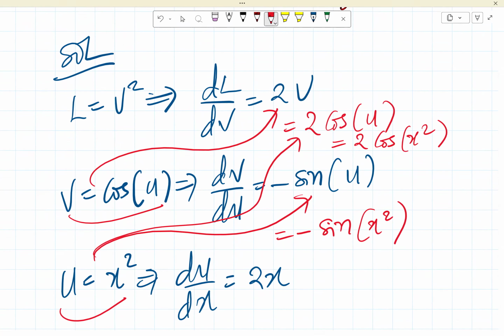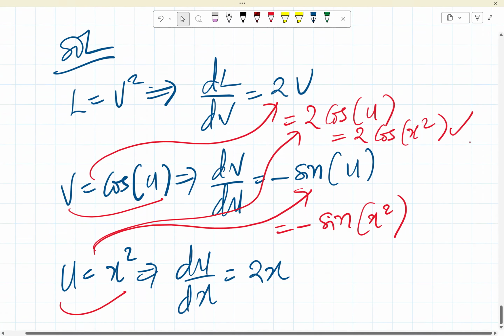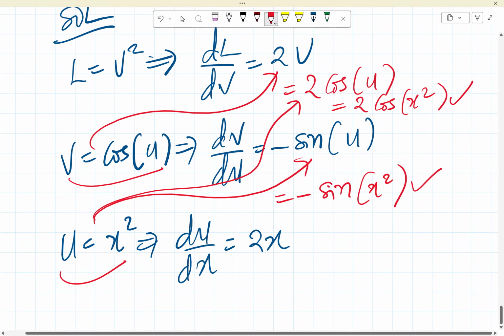Now we have the final outcome in terms of x.